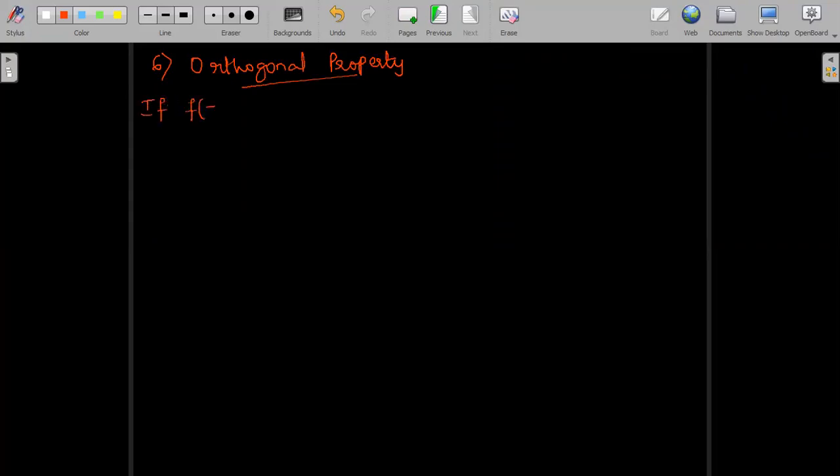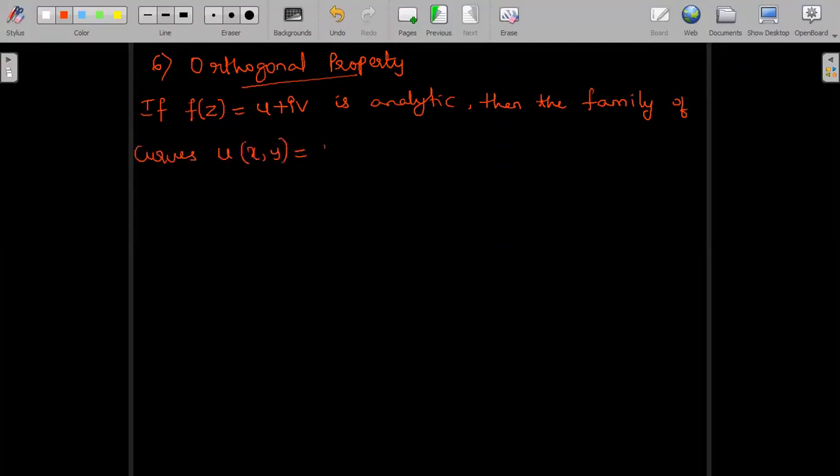If f of z is equal to u plus iv is analytic, then the family of curves u of x comma y is equal to c1 and v of x comma y is equal to c2 intersect each other orthogonally.